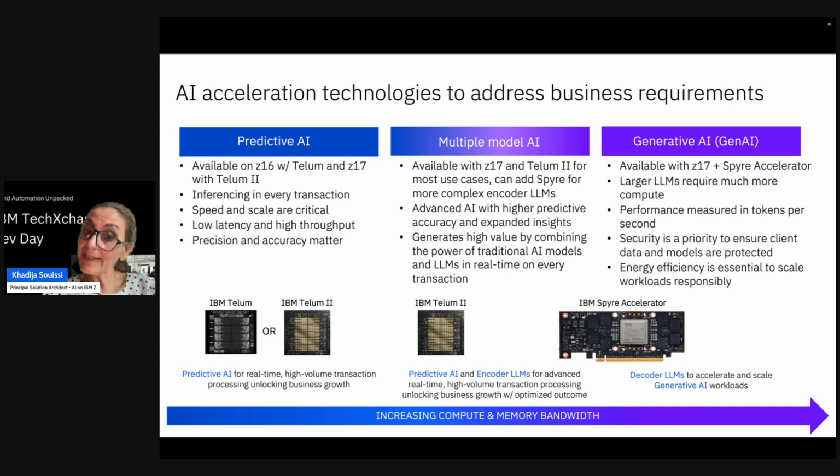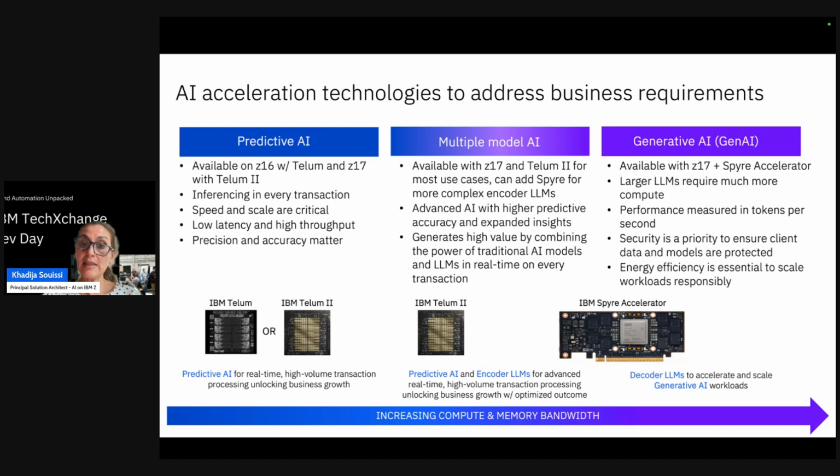If we look at the right-hand side of this chart, we see the generative AI, which we are also supporting. And there the clients do not expect millisecond response time. Usually, human beings are interacting with an assistant or a chatbot that is going to generate an answer or generate content. And usually, we are happy with a few seconds of response time, and the performance is also measured in tokens per second.